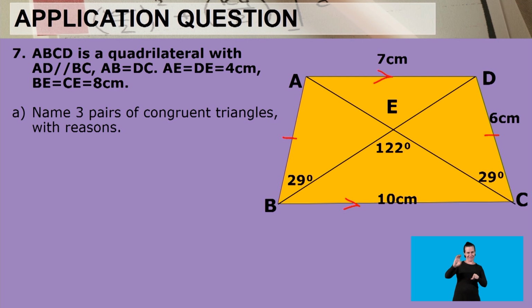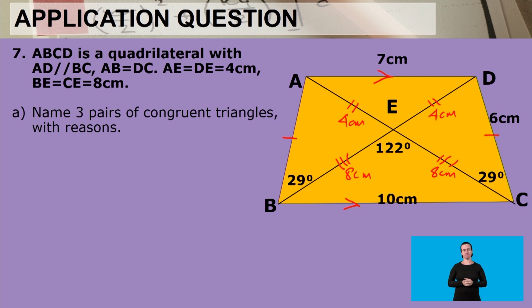Then AE equals DE, marking there, which equals 4 centimeters. And then BE is equal to, I'll put 3 markings there, CE, which equals 8 centimeters and 8 centimeters.